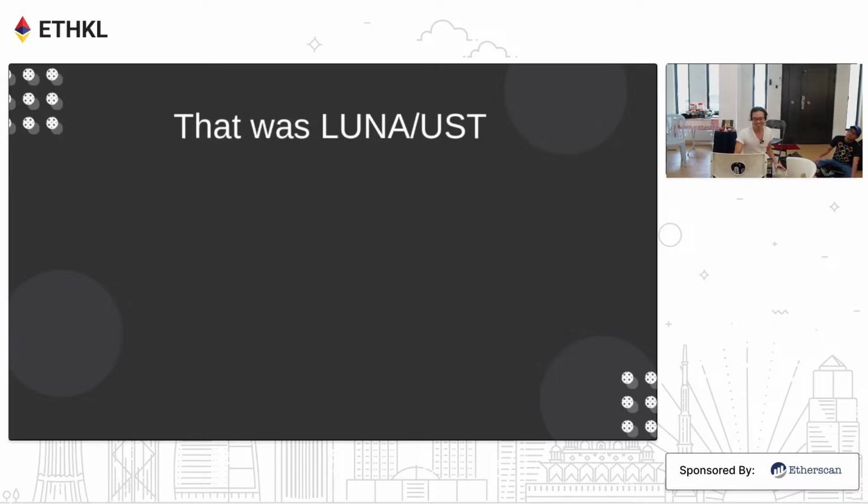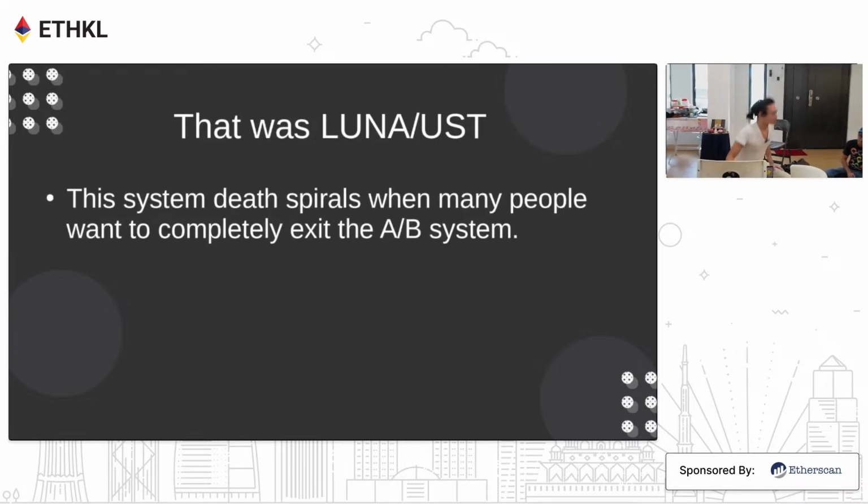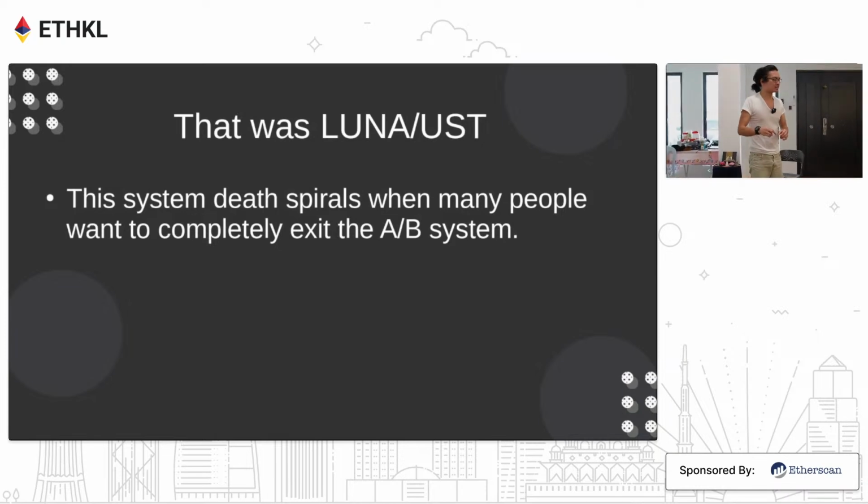But this doesn't work when someone wants to totally exit the A and B system. So there were a lot of people in B. They first felt like something was kind of wrong. Some people wanted to get out into A, but they didn't just want to get out and stay in A. No, they wanted to sell A even further and get out into Bitcoin or Ethereum or USDT.